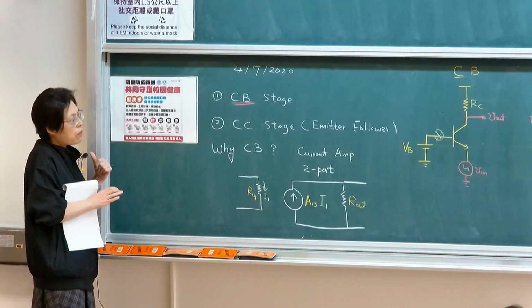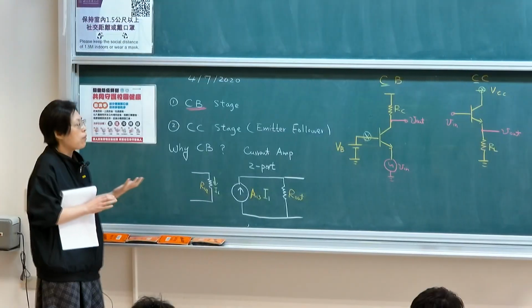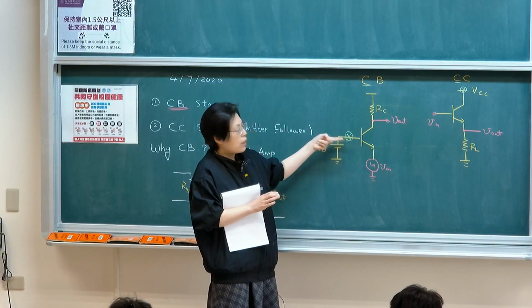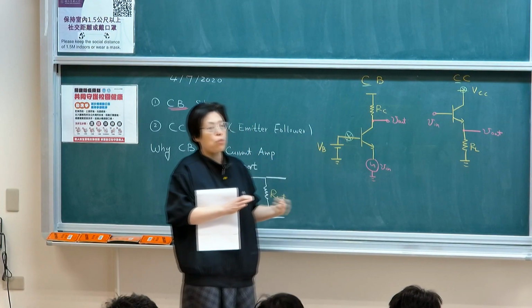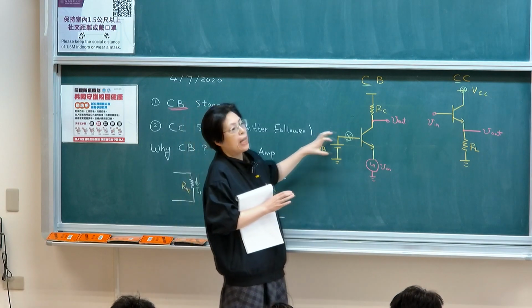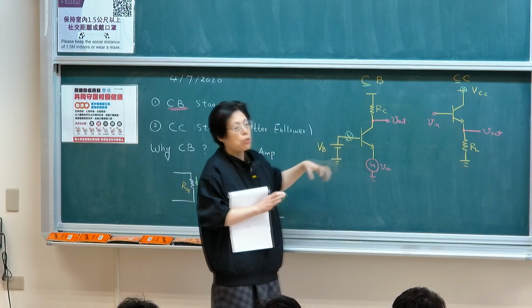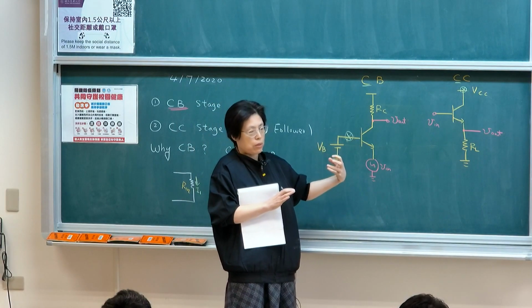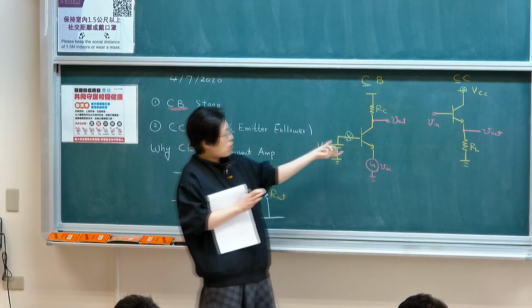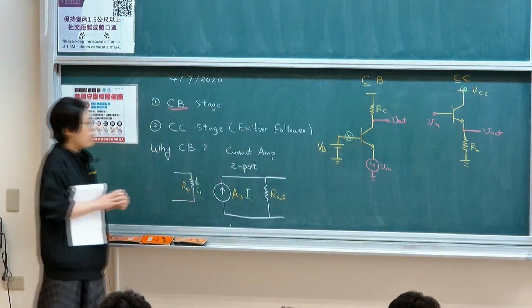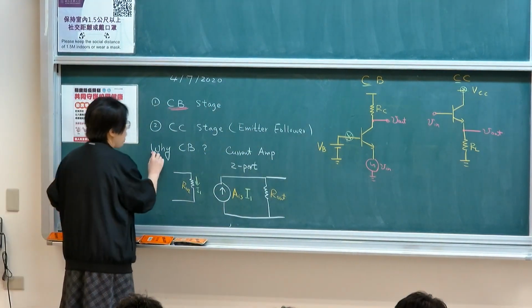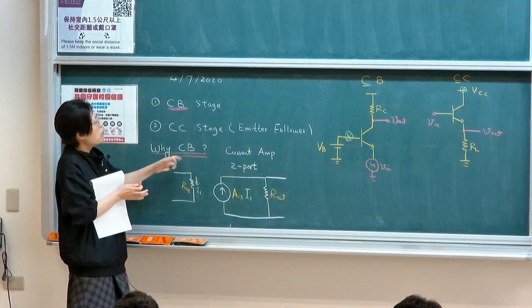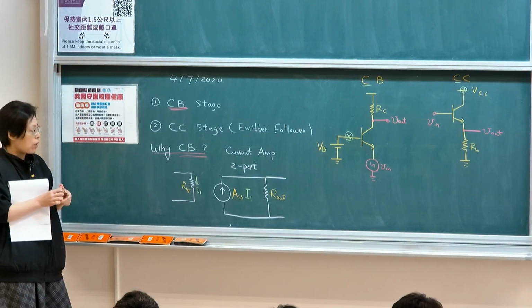But in most cases, if you're dealing with voltage as your signal, you want high input impedance in order to take in the voltage, to make sure that voltage is coming into your VBE, which is the amplification terminal. So the first question is why do we want to change our architecture for establishing something called a common base structure?